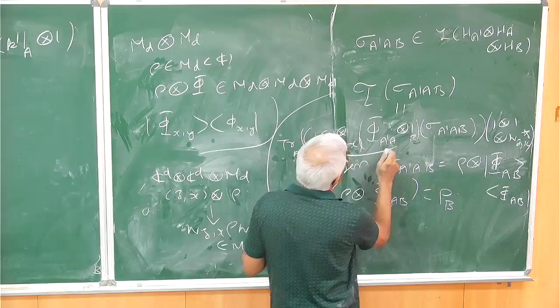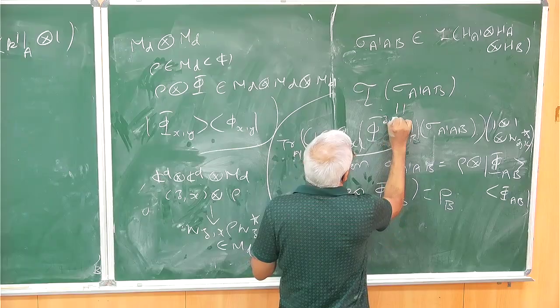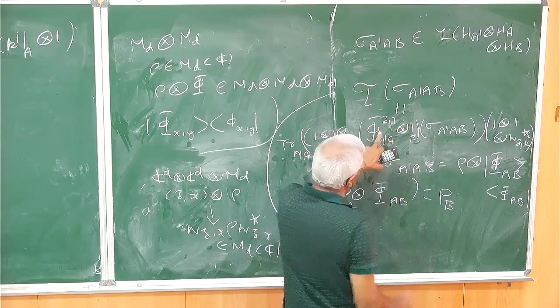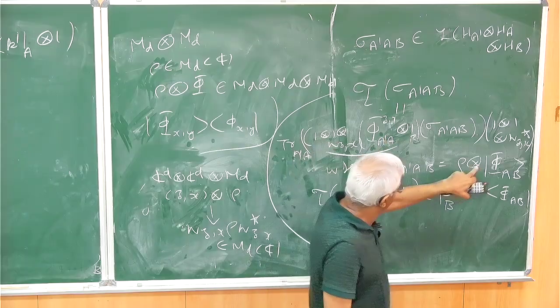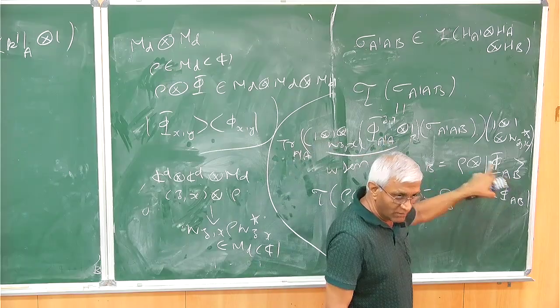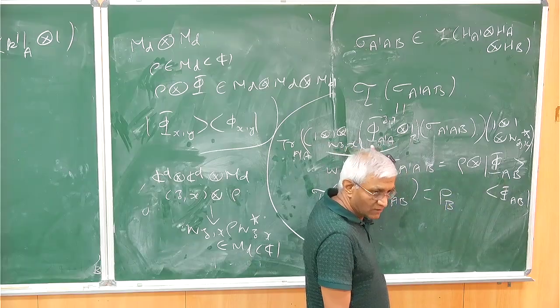We are taking measurement with respect to phi zx, right? The measurement is taken with respect to phi zx. I wrote phi ab. Phi ab is this vector, W zx tensor 1 acting on that is phi zx phi a. We are taking measurement with respect to this vector.